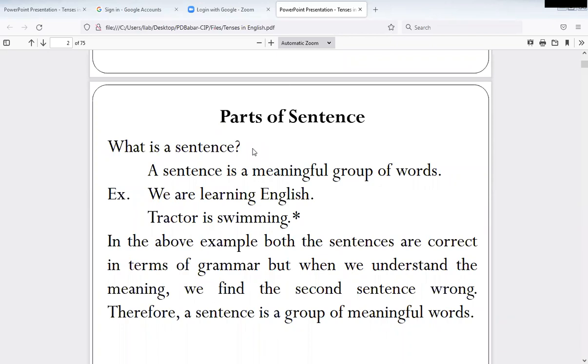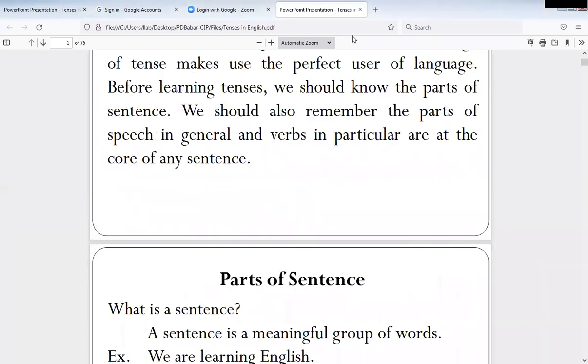So in the last lecture, we started with the new topic, that is tenses in English. And we saw the first structure of the tense, that is simple present tense, and we discussed it in the last lecture.